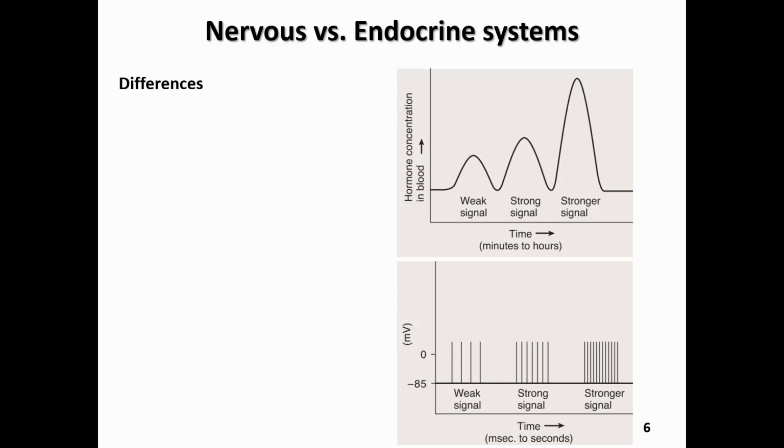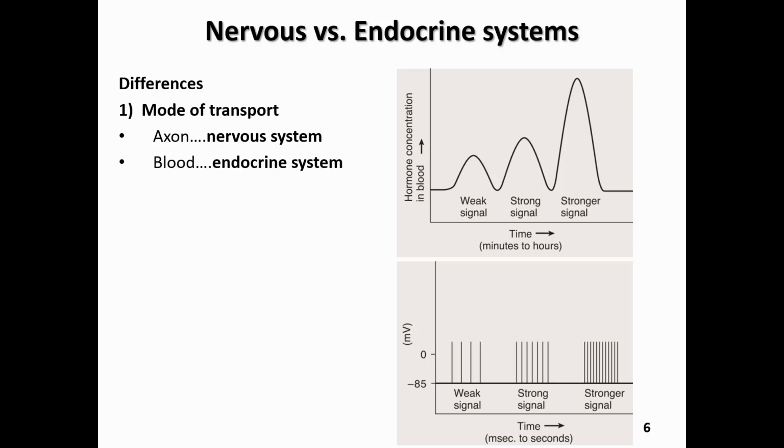As there are similarities between the nervous and endocrine system, so do differences exist. The first difference is the mode of transport. We know that the axon is the mode of communication for the nervous system through the transmission of action potentials.